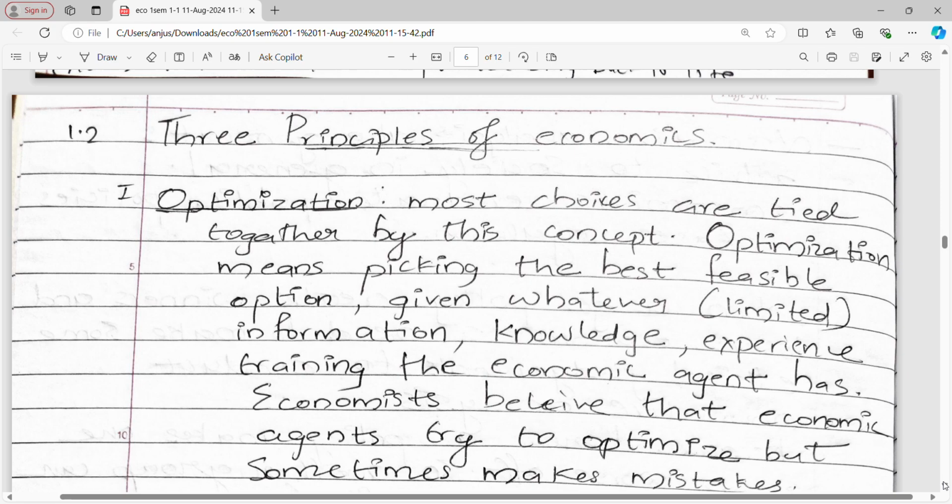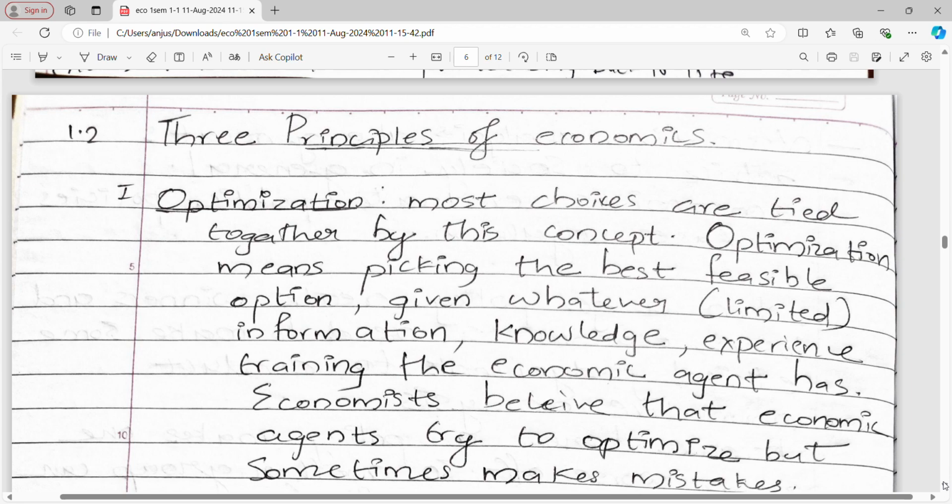Optimization means picking the best feasible option, the best practical option, given whatever information, it can be limited, given whatever choices. You'll have limited information, knowledge, experience and training, but with all these you are picking your best option from a bunch of options.